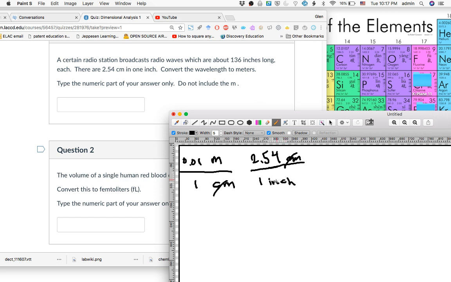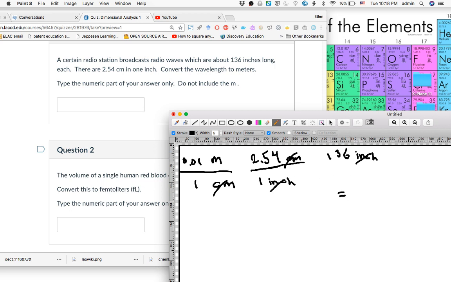That's good. Now, how is this inch related to the problem? Well, I start with this data, 136 inches. This number is related to the problem because it is the given information. I don't have to relate it in any other way to this problem. So the inches just cancel out, and I get an answer.